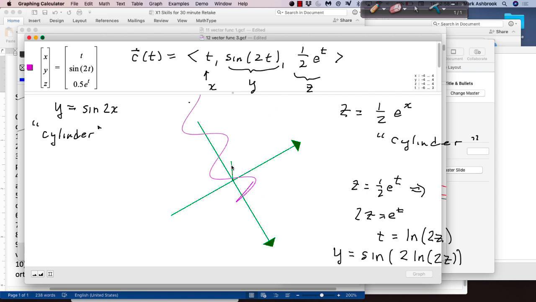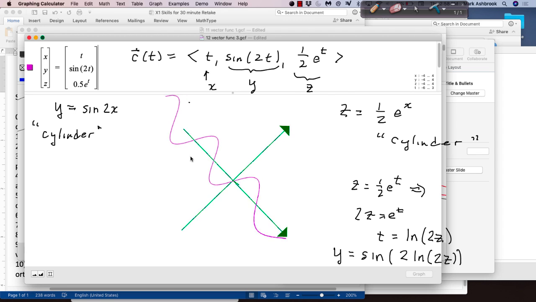That can help you make sense of what the curve is going to be like. So that's looking down on the xy plane: y equals sine 2x. And then looking down at the xz plane, you get the exponential curve, z equals 1/2 e to the x. So that's one technique that can help you make heads or tails of these.